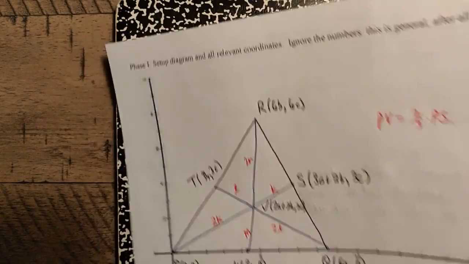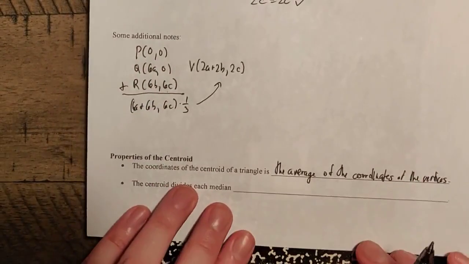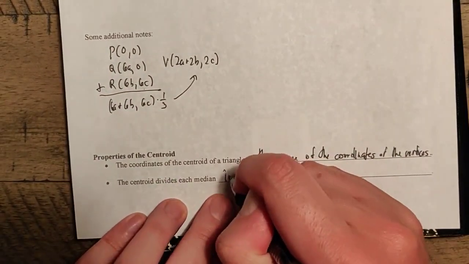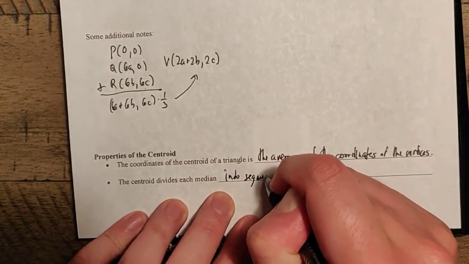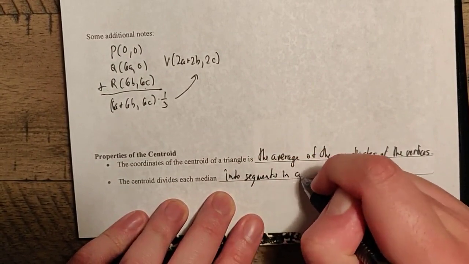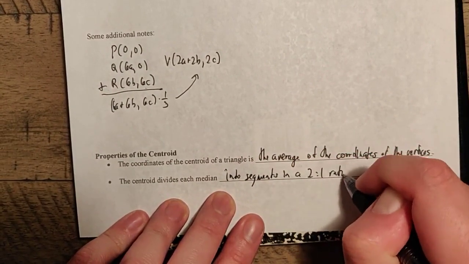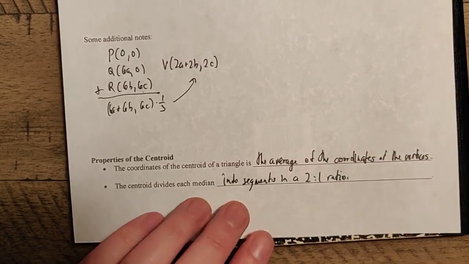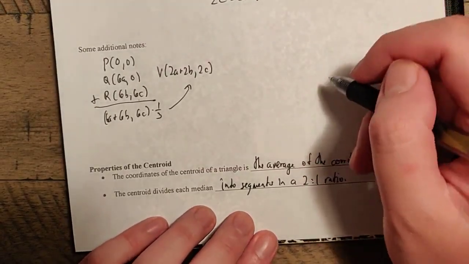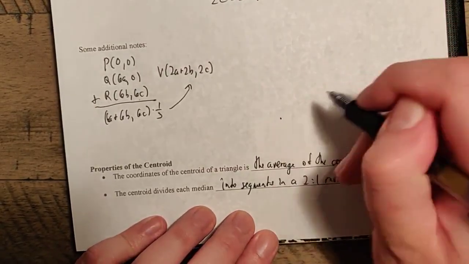So the last thing, probably the most important thing here, the one that you really want to focus on, is this. You want to focus on the fact that the centroid divides each median into segments in a 2-to-1 ratio. Now, note that the 2-to-1 ratio business here, ladies and gentlemen, is always from the vertex to the midpoint.